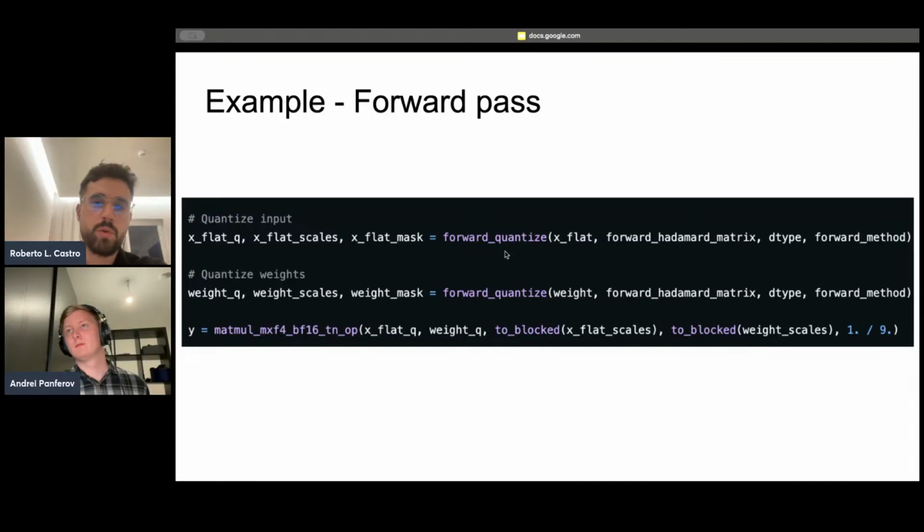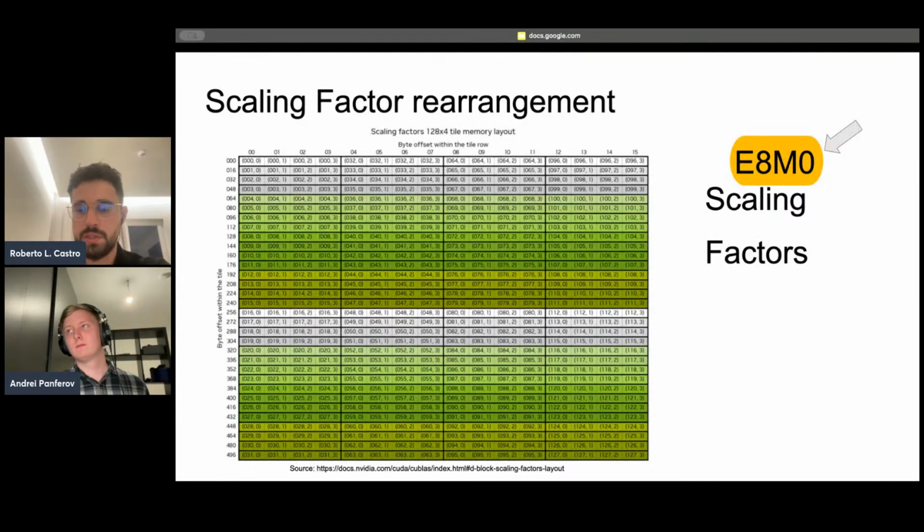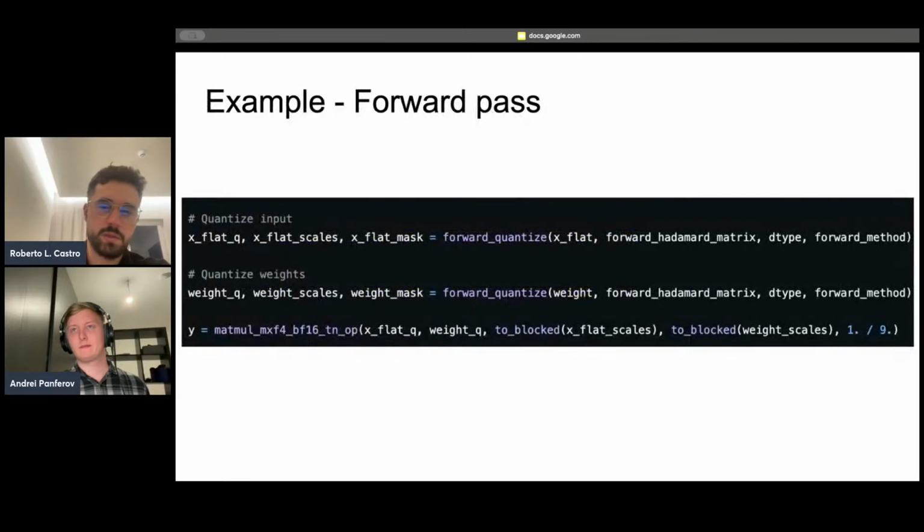So this forward quantize method applies the Hadamard and then computes these three outputs that are the FP4 values, the FP8 scales, and the binary mask. Then with these scales, we call this to-blocked function, which is going to rearrange the information to this specific format required by these new Blackwell tensor cores. And then we are ready to call this CUDA's FP4, MXFP4 GEMM, right?